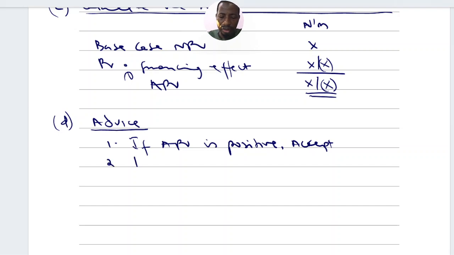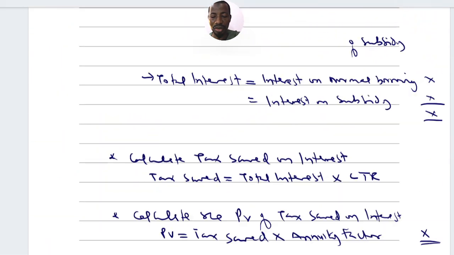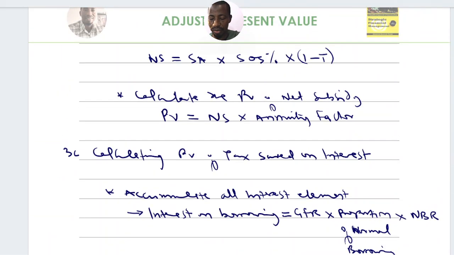But if APV is negative, you reject the project. That's that. So these are the procedures for calculating adjusted present value.